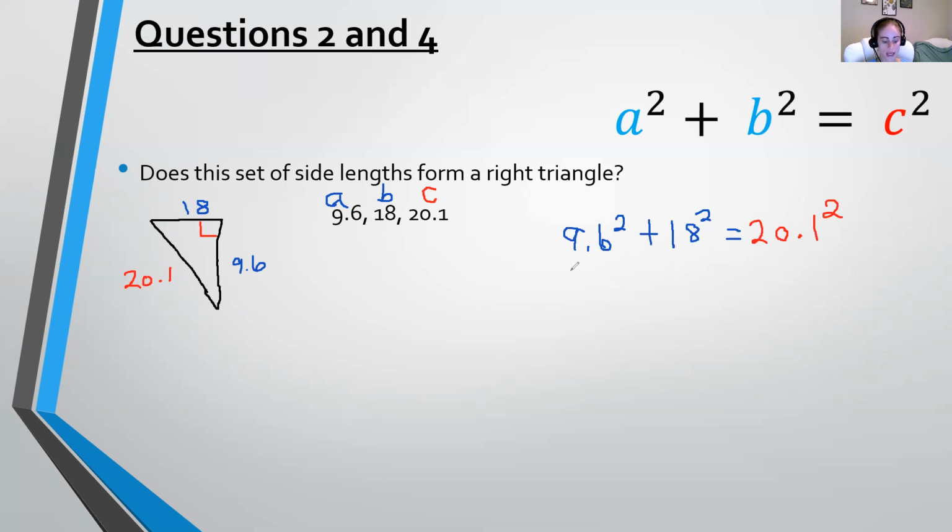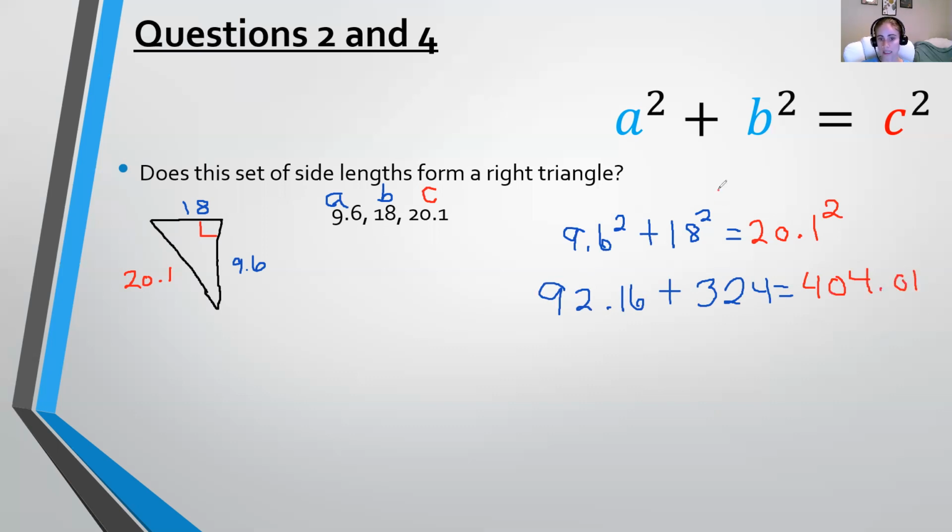So 9 6/10 squared would be 9 6/10 times 9 6/10, 92 1600ths. And then 18 squared, 18 times 18 is 324. And then 20 1/10 squared is 404 1/10.